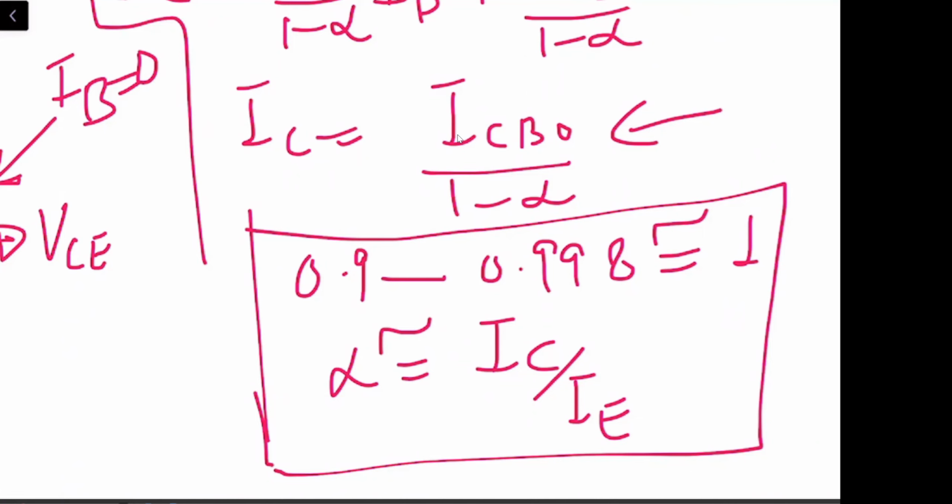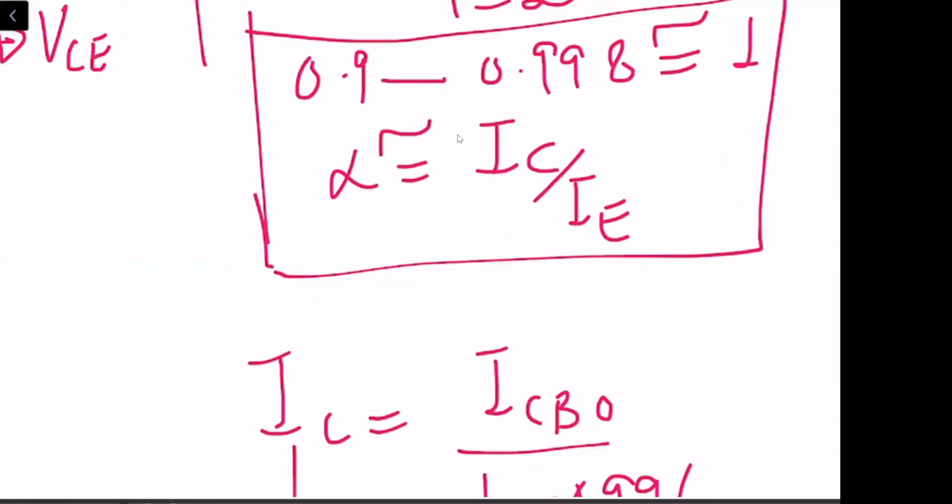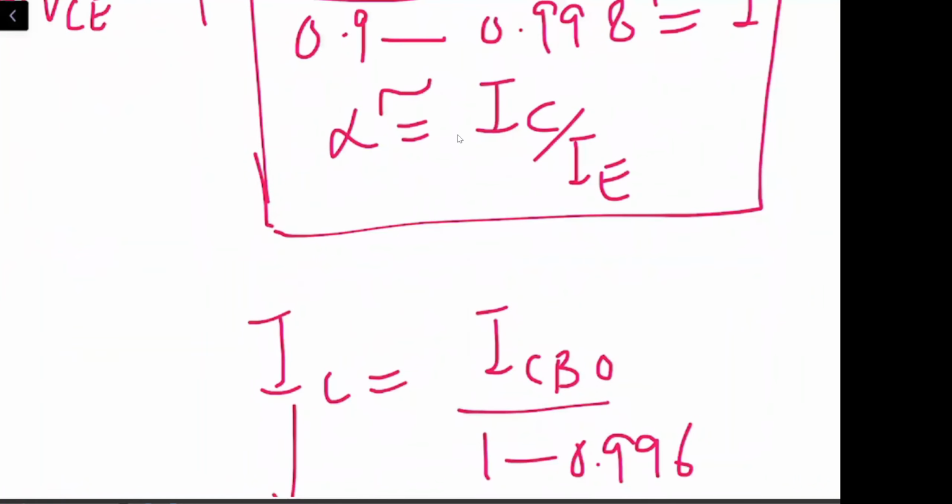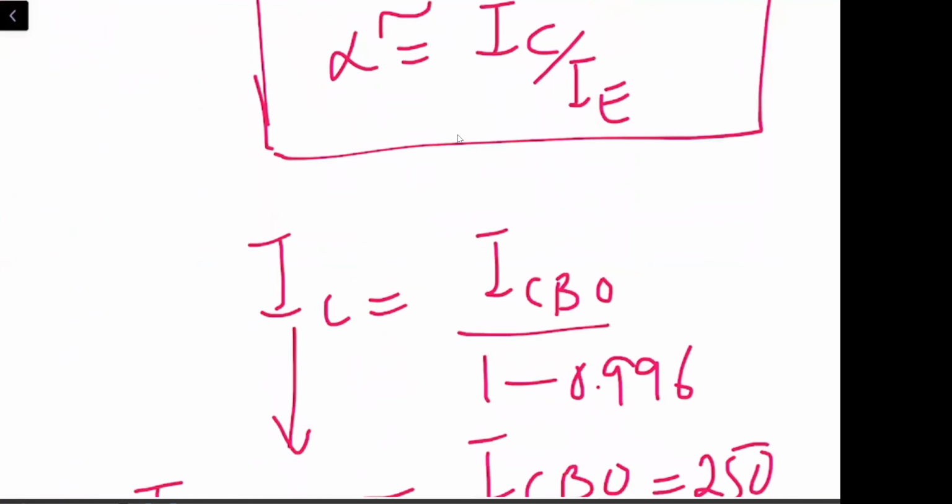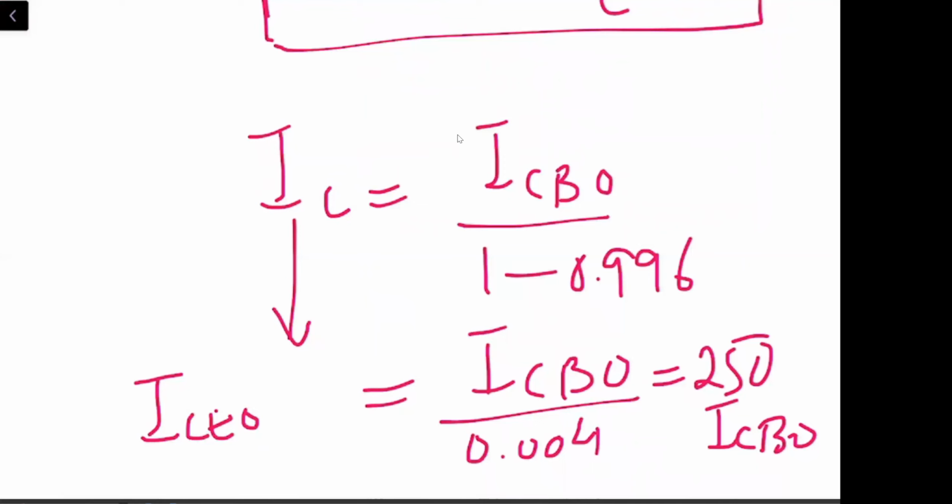But the practical value of alpha we take here is 0.996. So if we place the value of alpha as 0.996, we get IC equal to ICBO divided by 0.004.